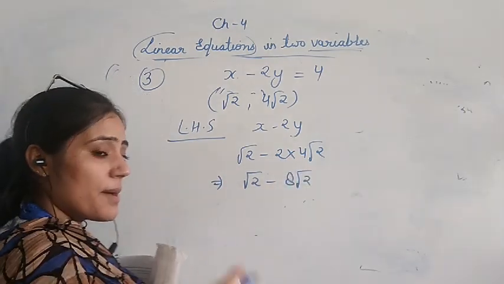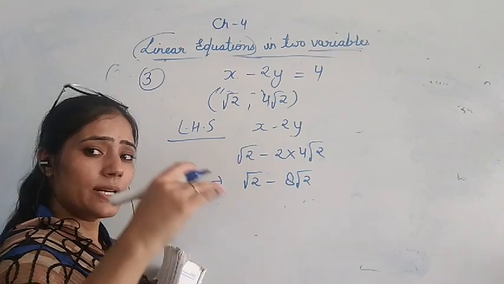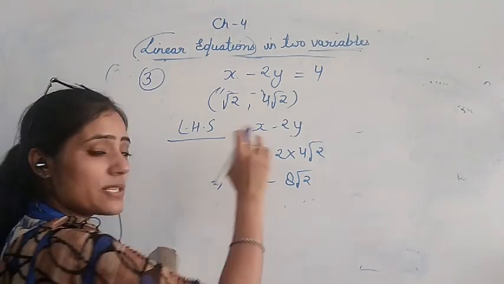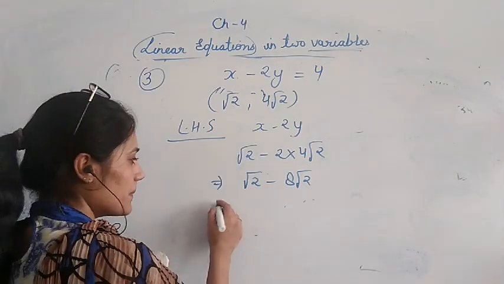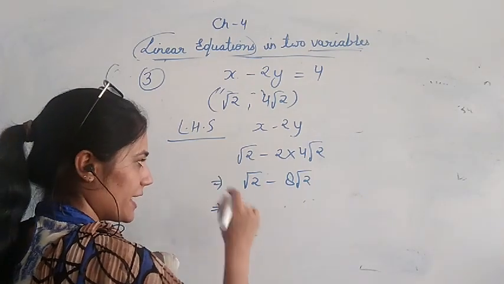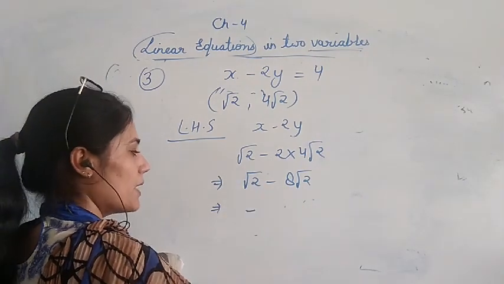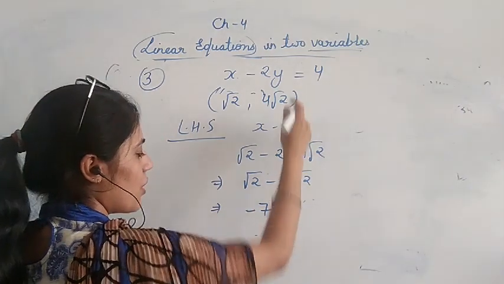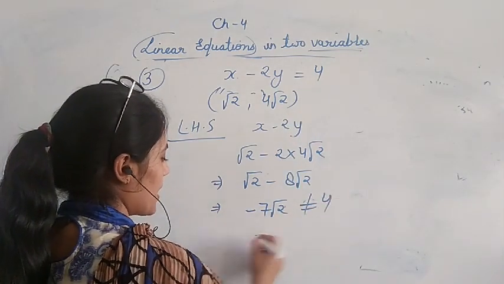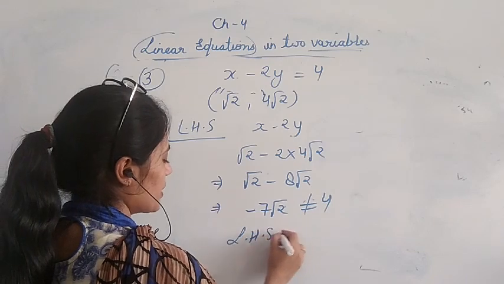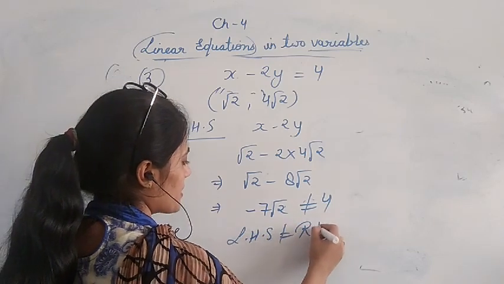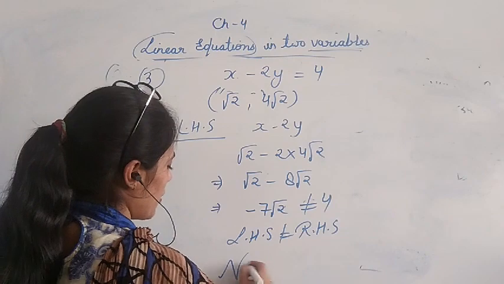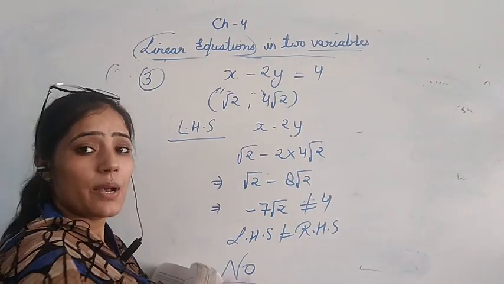Now you see, minus 8 root 2 and plus root 2. Plus and minus: the greater number has the negative sign, so I will put negative 8 root 2 and minus root 2. I will get minus 7 root 2, which is not equal to 4. Again, LHS is not equal to RHS. So, no, it is not a solution.